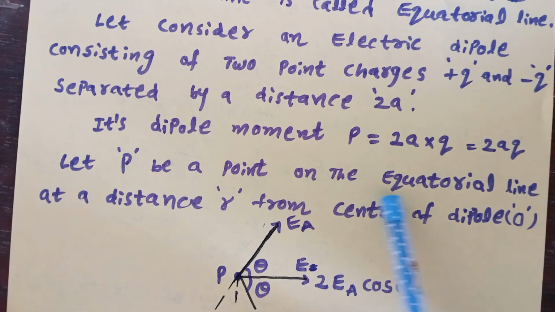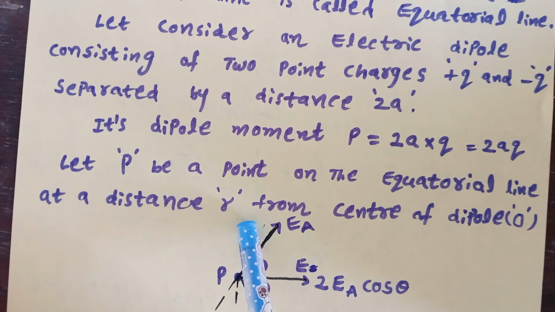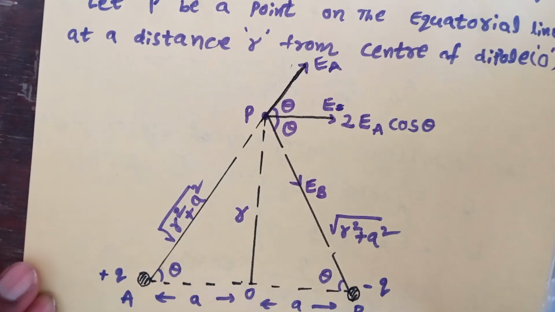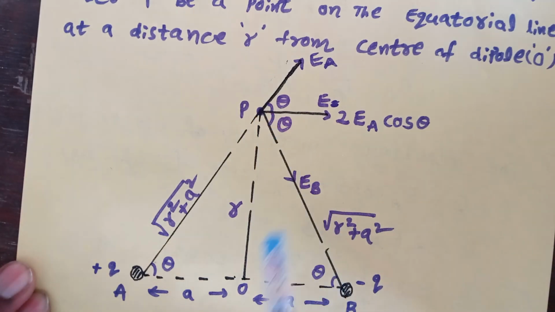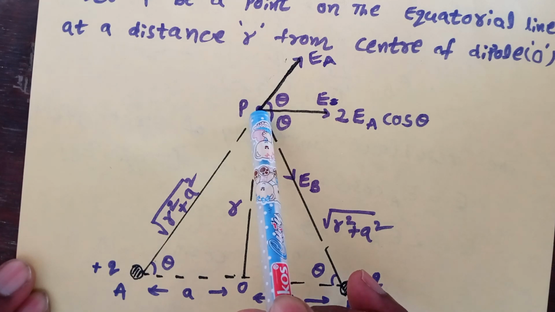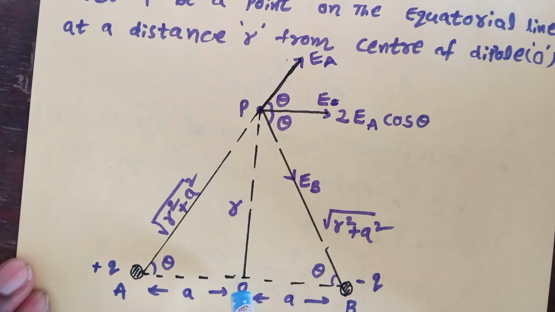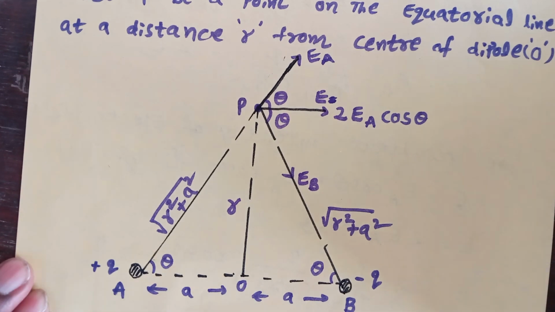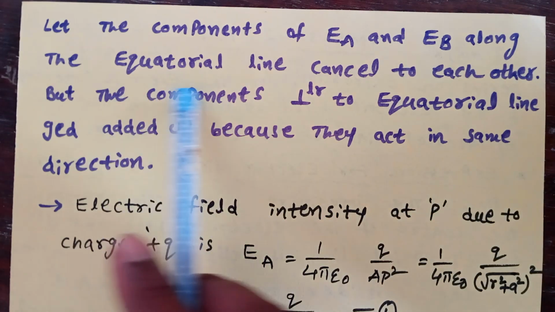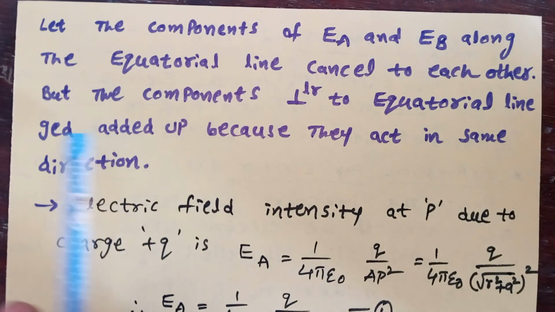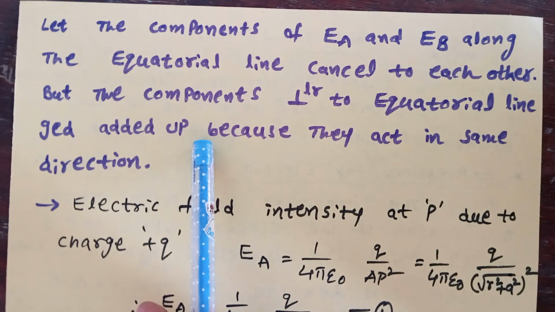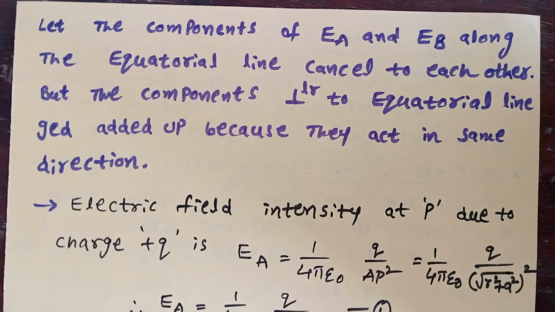Let P be a point on the equatorial line at a distance of r from the center of the dipole. So this is the equatorial line. Let the components of EA and EB along the equatorial line cancel each other, but the components perpendicular to the equatorial line get added up because they act in the same direction.